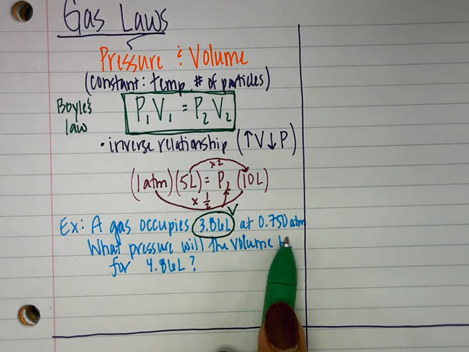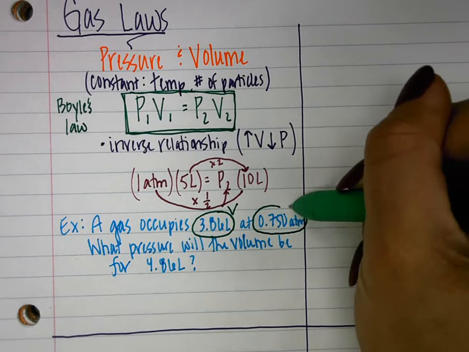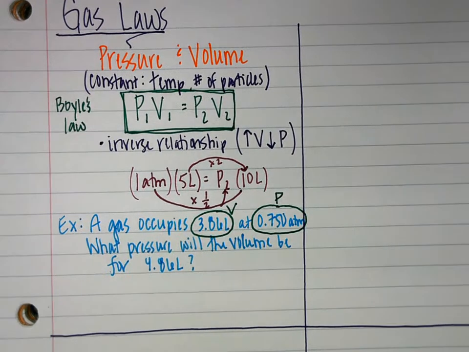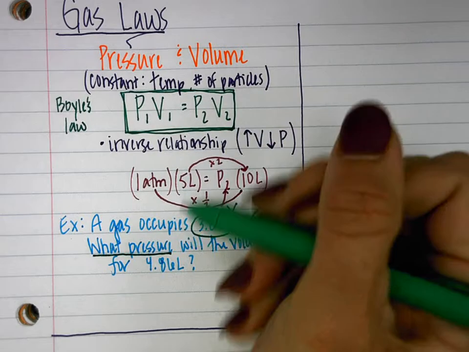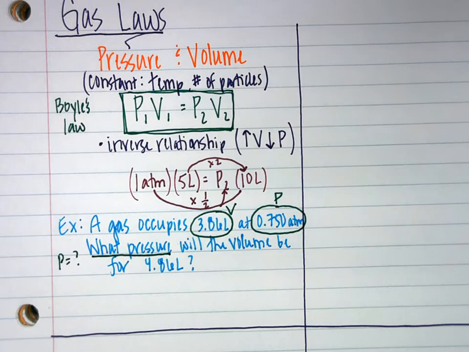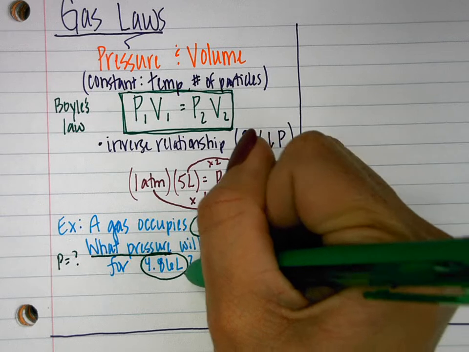Okay, at 0.750 atm. Well, atm is a unit of pressure, so this is a pressure. And then it's asking what pressure. So we also don't know the next pressure. What pressure will the volume be for 4.86 liters?